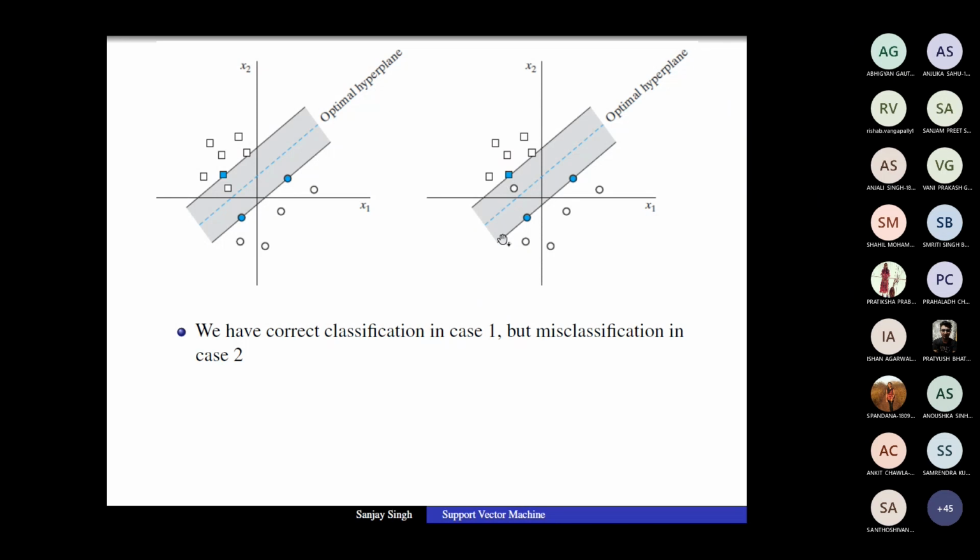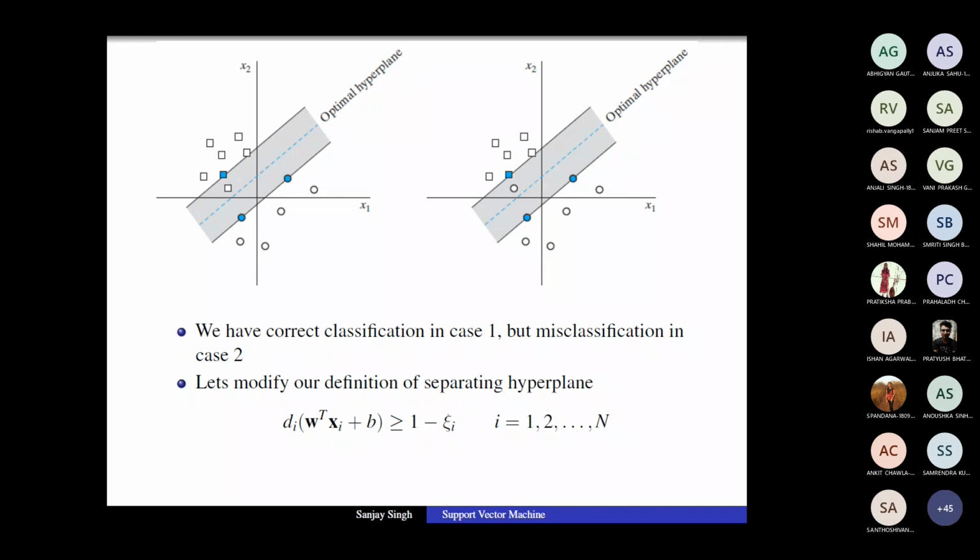This kind of violation will cause classification error. In the first case, even though there is a violation as far as SVM is concerned, it does not cause misclassification. So we have correct classification in case 1, but misclassification in case 2.